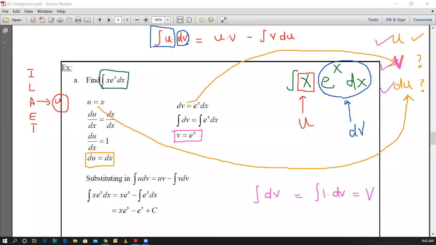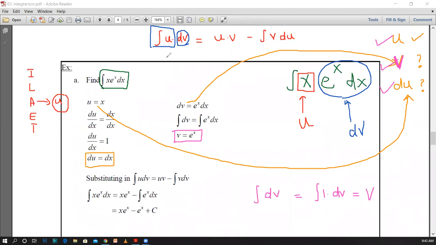Since all the requirements are fulfilled, now we need to apply them properly in this equation. The left hand side is now okay because we have already identified it.